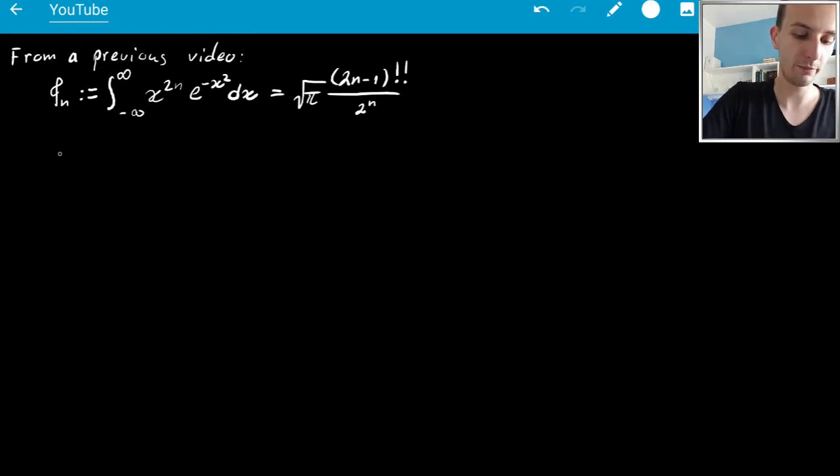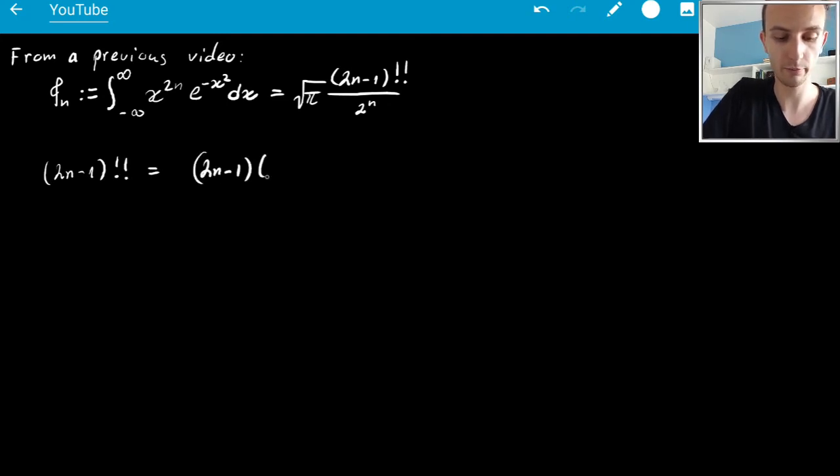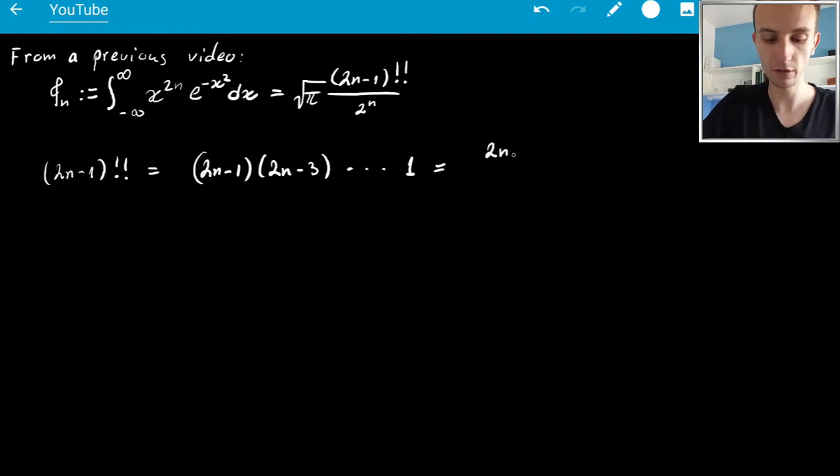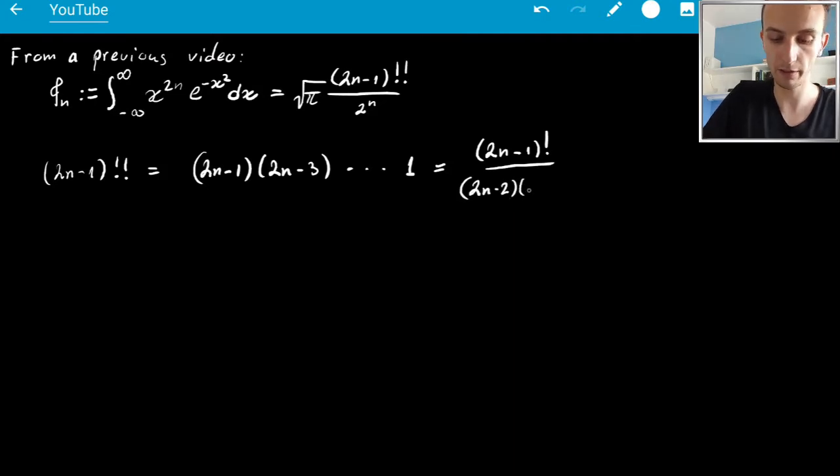So, first of all, there is an identity that I need to prove. So this (2n minus 1) double factorial, remember that's (2n minus 1)(2n minus 3), and so on up until 1. And so we can see that that's just (2n minus 1) factorial without (2n minus 2)(2n minus 4).